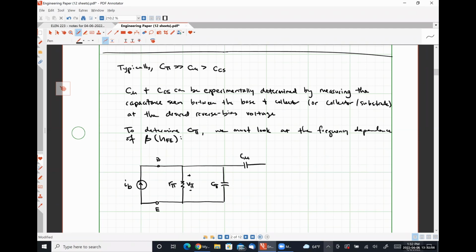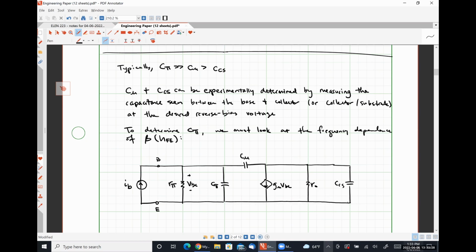Here's C mu. Here's GM, sorry, VBE, my old notes, my apologies. GM VBE. Here's R naught. Here is CCS.